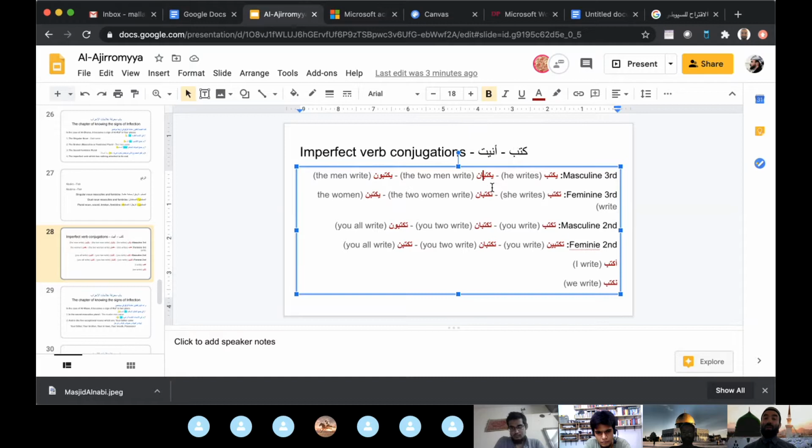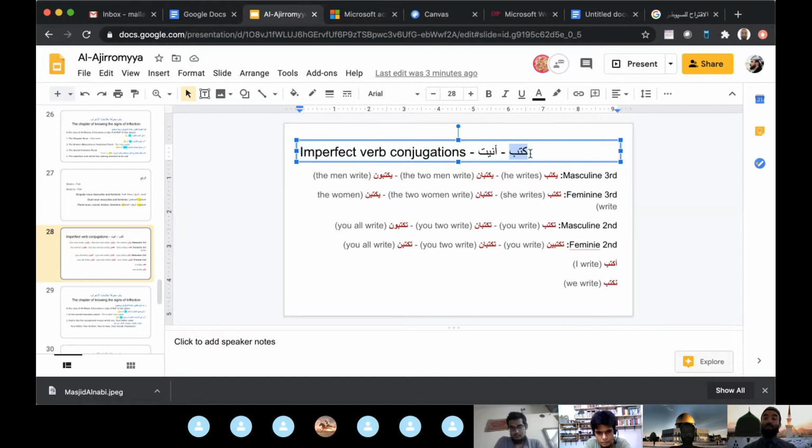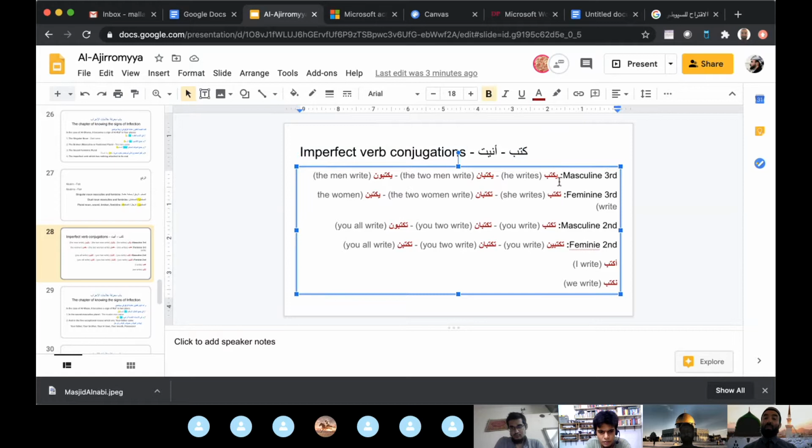The verb itself comprises kaf, ta, ba. If you look at yaktubu, for example, kataba is still here, but we just added a ya. That's the only difference.